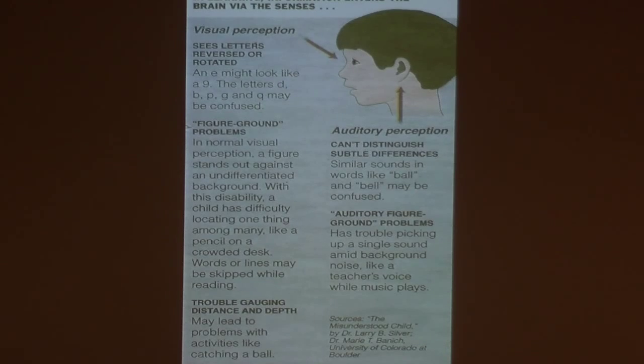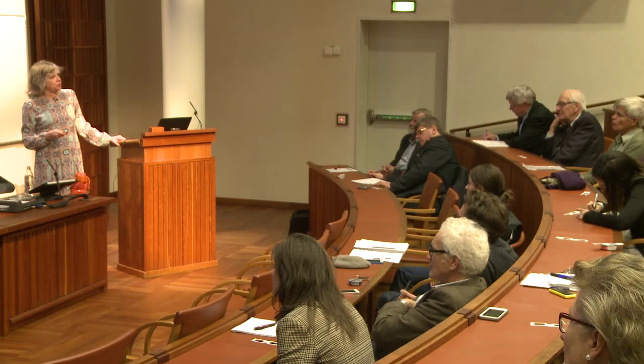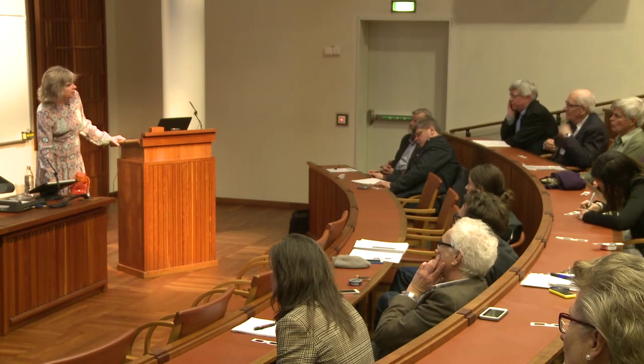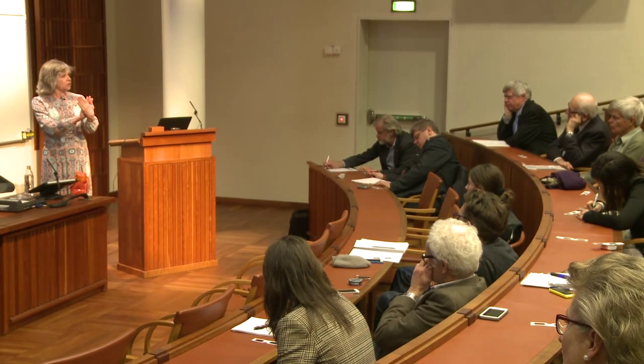So why are there so many dyslexic artists? How about the idea that trouble gauging distance and depth is an asset to an artist? I can't draw a chair. If I look at a chair, my visual system extracts all this three-dimensional information about it, and I can't flatten it again in order to draw it.